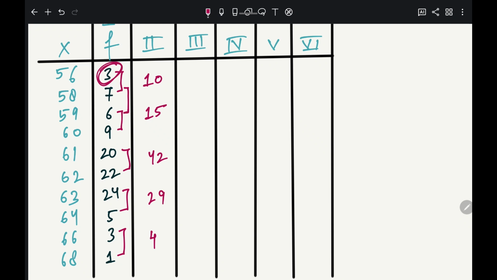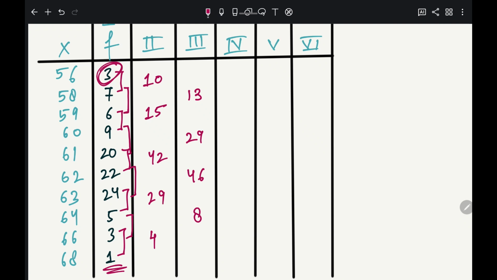So 7 plus 6, 13, 9 plus 20, 29, 22 plus 24, 46, and 5 plus 3, 8. We will leave the last one as we can't add it with another number. So this is for the third column.